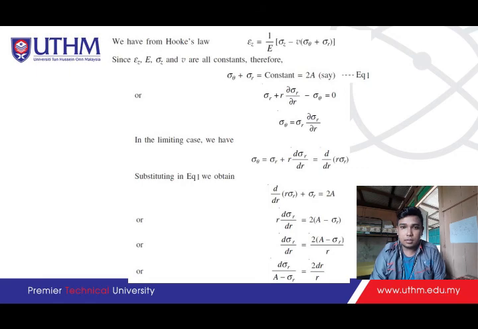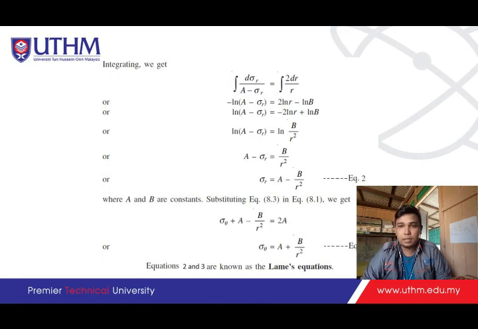Then we substitute equation 1 into the equation, so we get stress R equal to A minus B over R squared, where A and B are constants. We substitute that into equation number 3, and then we get stress theta equal to A plus B over R squared. So equations 2 and 3 are known as the Lamé equations.